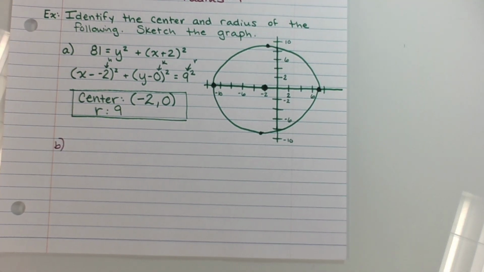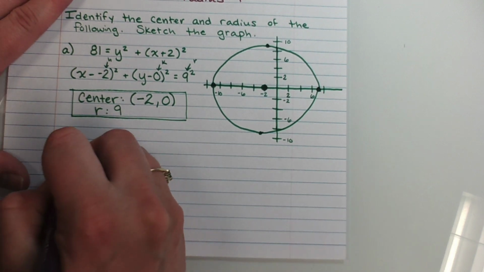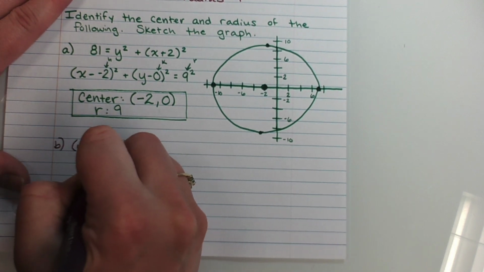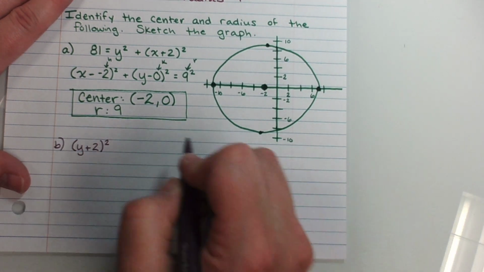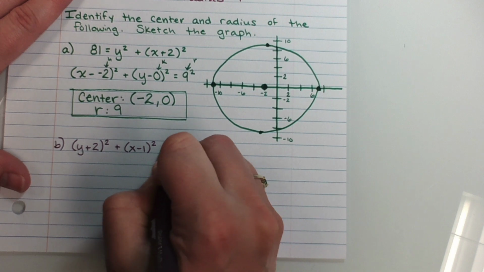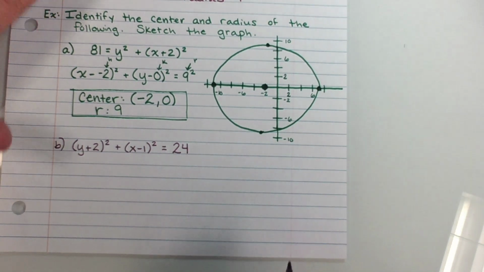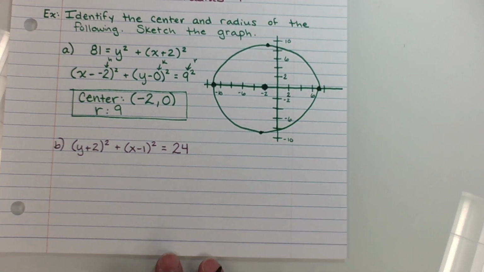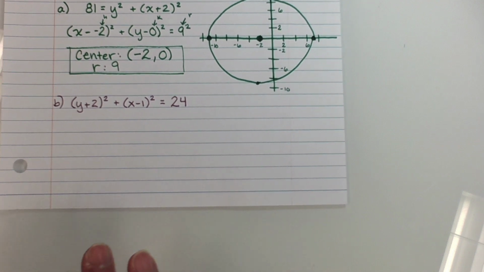Okay, we're going to do one more like this, and then we're going to change up the instructions. y plus 2 quantity squared plus x minus 1 quantity squared equals 24.